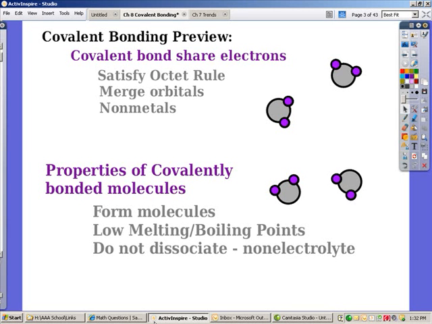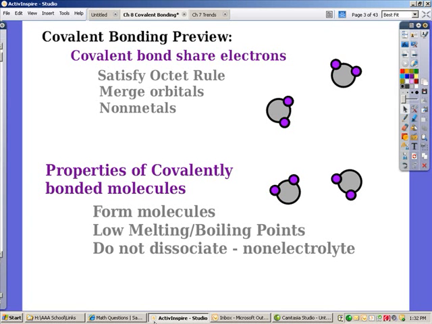Today, the topic's going to be on covalent bonding. And the main thing that I want you to take away from today is the ability to model covalent bonding through the drawing of what we call a Lewis structure, or a Lewis dot diagram. So I'm going to take you through a couple of these and show you the process.